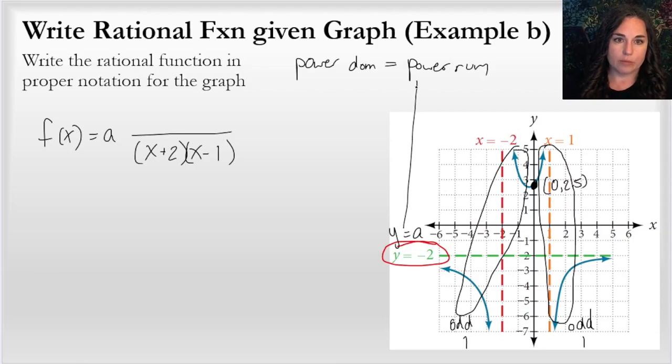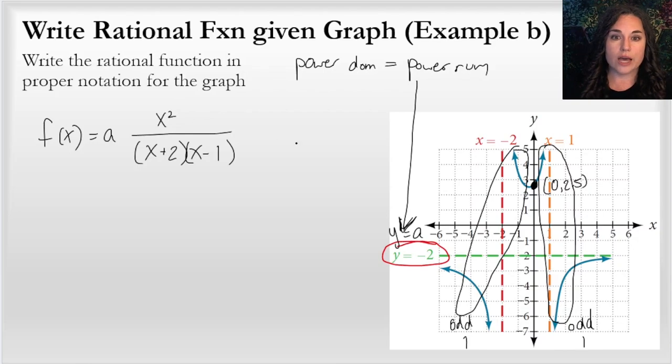That's when that happens. So what I will tell you that's going to tell me another thing about this equation, I have an x squared in the denominator. I know I have to have an x squared in the denominator because there's 2 vertical asymptotes. Has to be. So that means I know there's an x squared in the numerator. There has to be an x squared in the numerator.